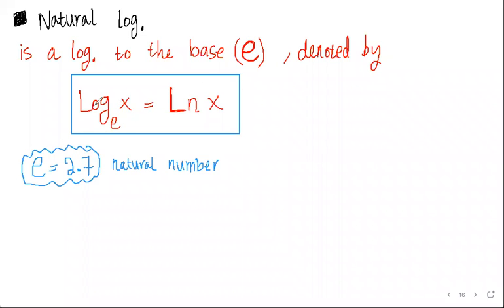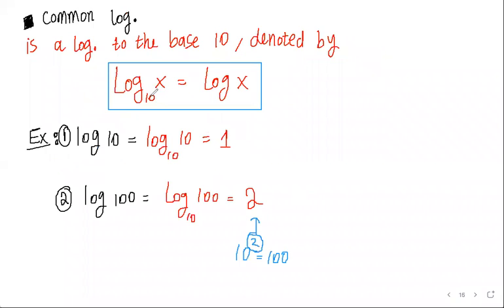We can write log x to the base e, and this is defined as ln x. So ln x is the same as log of x to the base e. Here, the base is 10, and we don't have to write it down. So when I see log x, it means log x to the base 10.